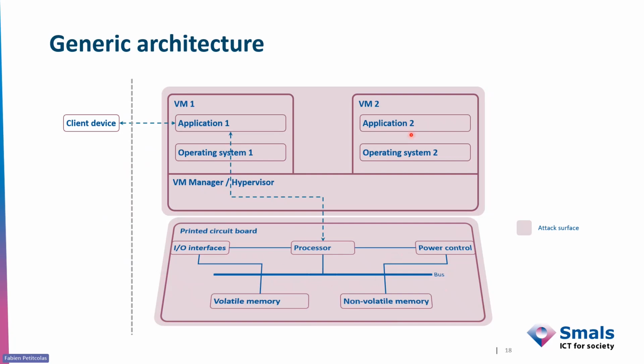And on the software part, well, it could be an attack by the entity which controls the hypervisor, or it could be an application which gets compromised in one VM and then is able to go into another application through a number of attack techniques. The aim of the trusted execution environment is to reduce this attack surface as much as possible, to the minimum.